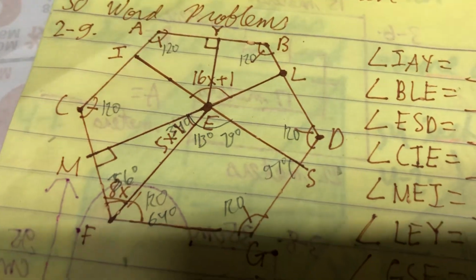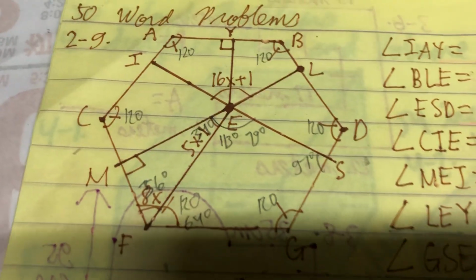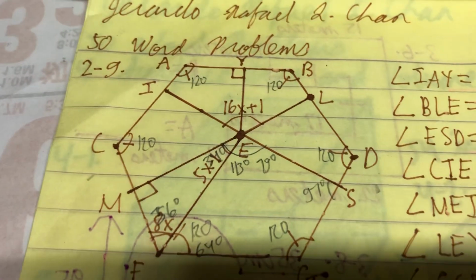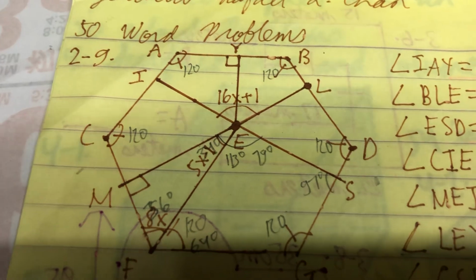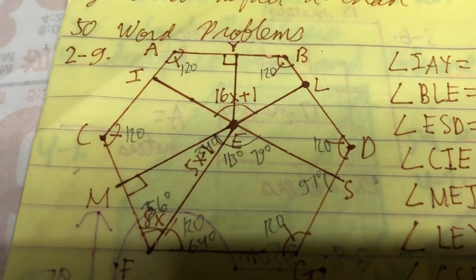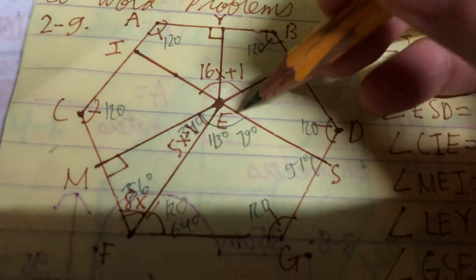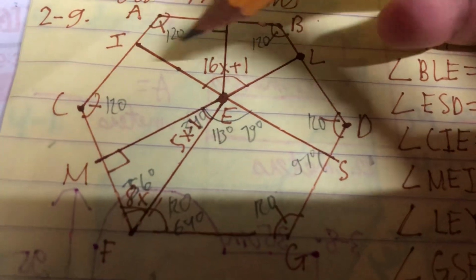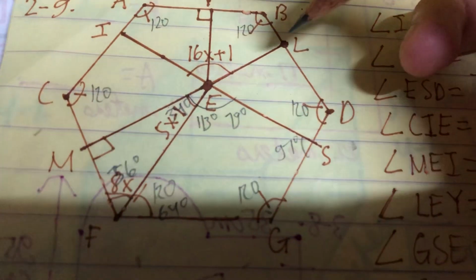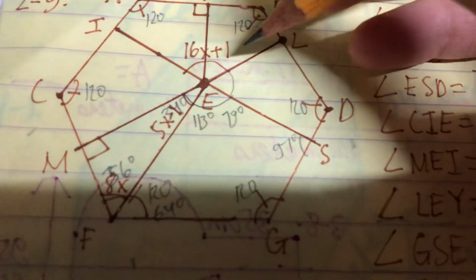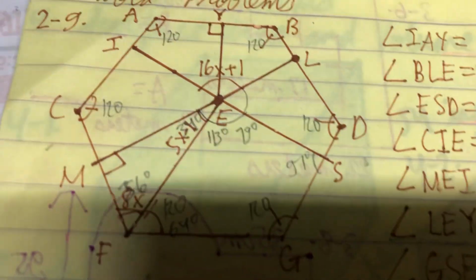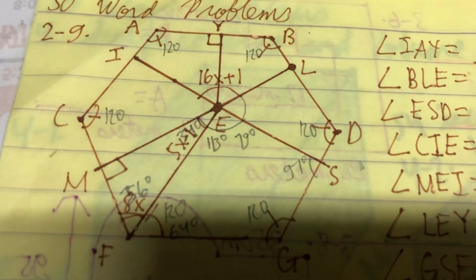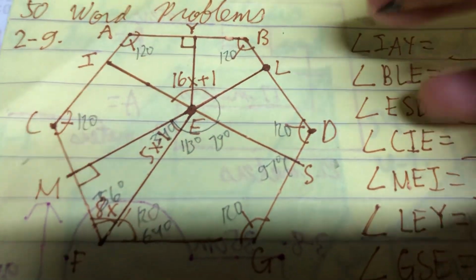Good job. But wait, we're still not yet done. Because we still got lots of other angles to solve. How about let's work out the others? We know that this forms a supplementary angle pair. We know if this is 113 degrees, therefore, the remnant angle must measure, what's the remnant angle here? It should measure 67 degrees.